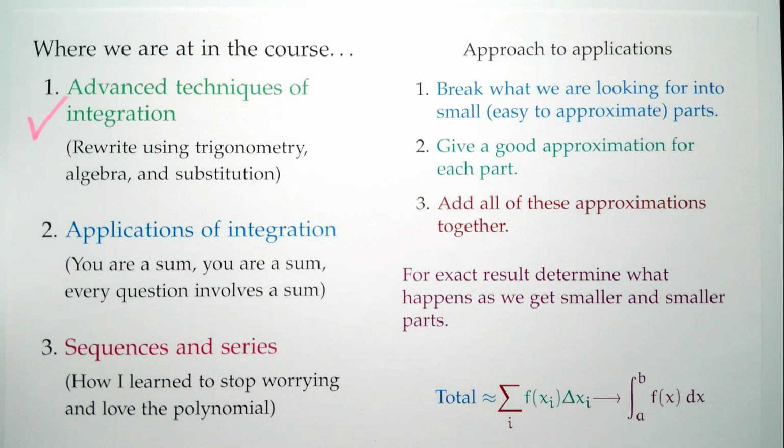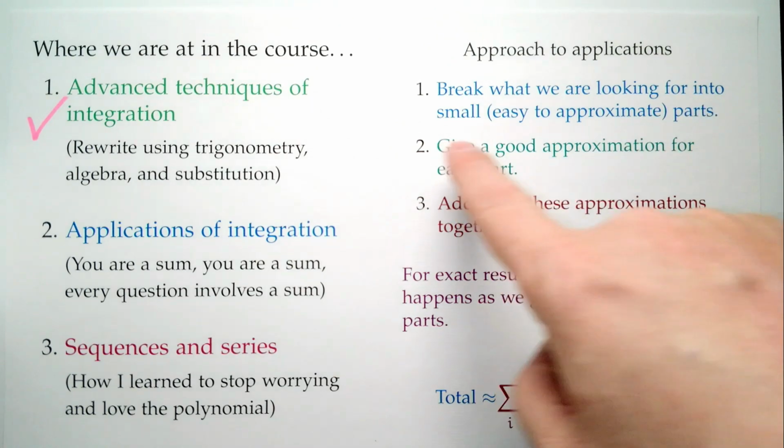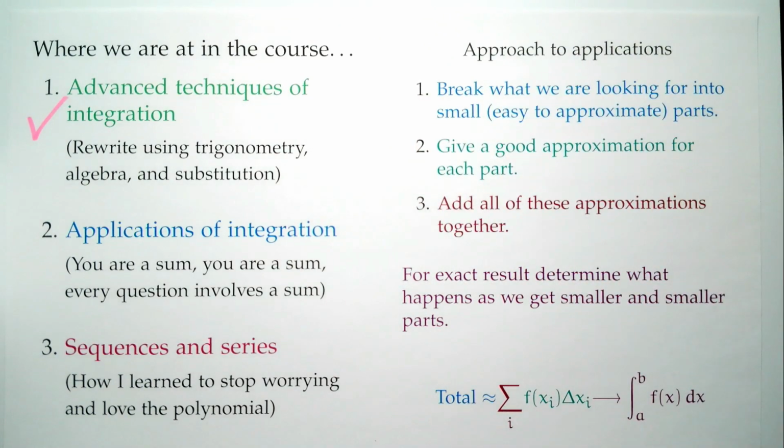Now, the way we solve these problems all boils down to the same basic approach. We take what we're looking for, what our total is, and we're going to break it into small parts. Now, why do we break things into small parts? It comes back to the philosophy that we saw in Calc 1, where we might have this line that's wiggling around quite a lot. It doesn't have a nice single behavior.